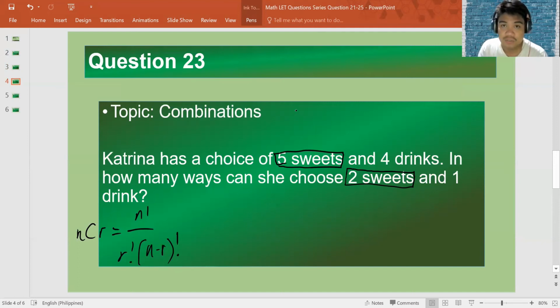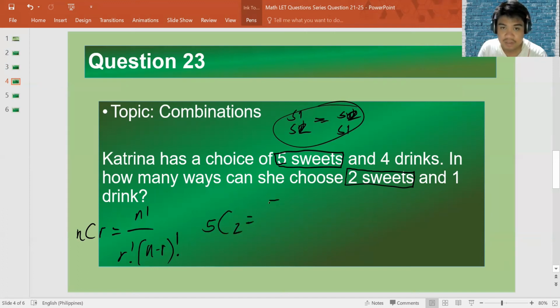If Katrina chooses sweet 1 and sweet 2, or sweet 2 and sweet 1, this is just the same. So we have 2 sweets out of 5, so we will have 5 combination 2.